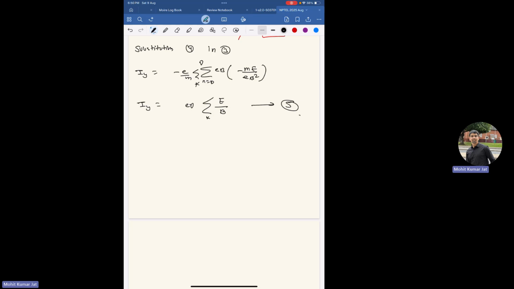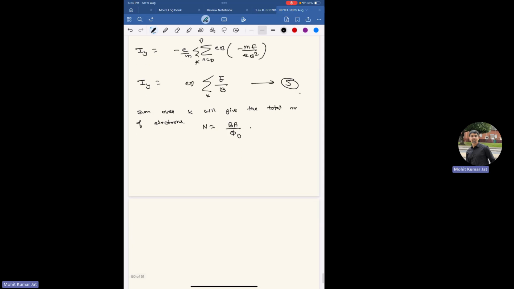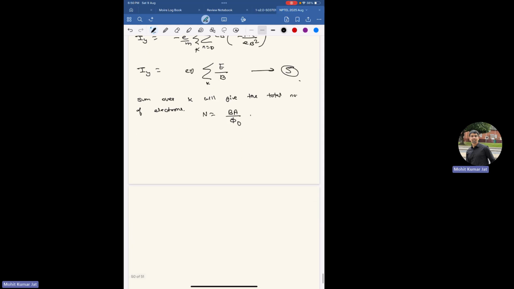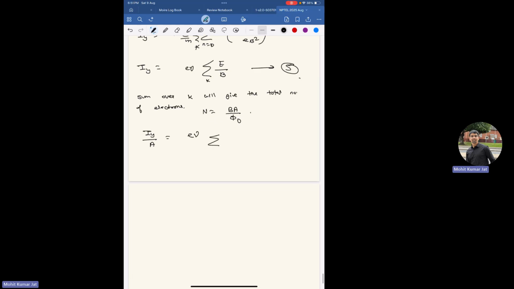Now we know that the sum over k just gives the total number of electrons, and from the degeneracy we know that it equals BA by phi naught. So if we divide through by the area, I can divide Iy by capital A, e nu over all k, e by BA.